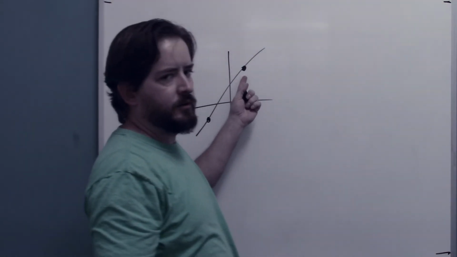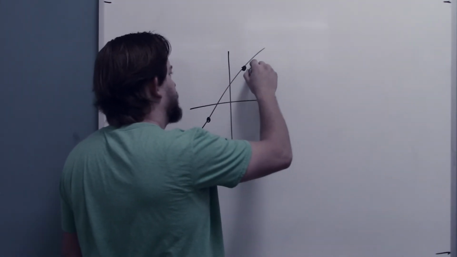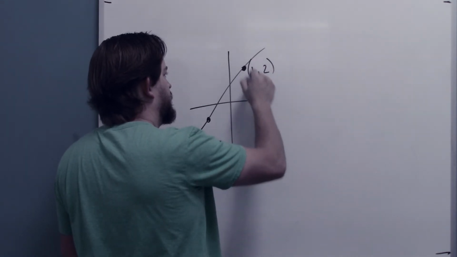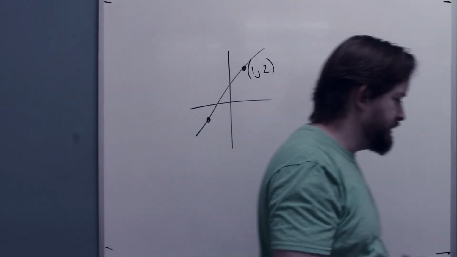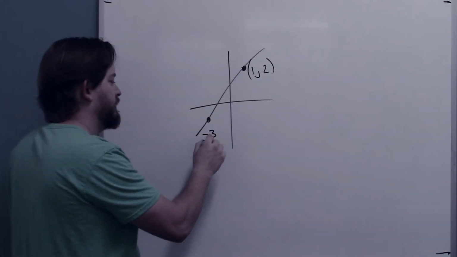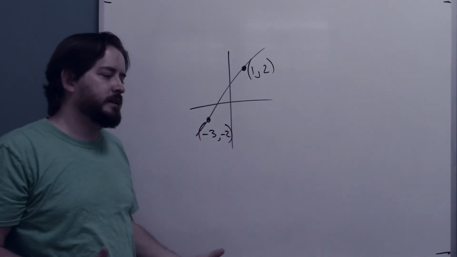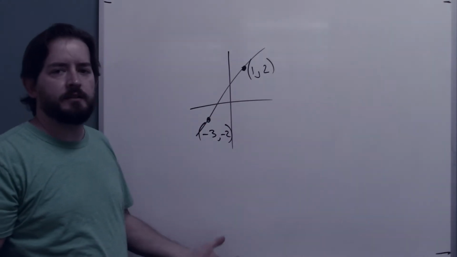All I really care about is where these 2 points are. That first point is at 1, 2. And this point over to the left is at -3, -2. After I have these 2 values, the drawing is garbage. I don't need it, it doesn't matter to me.